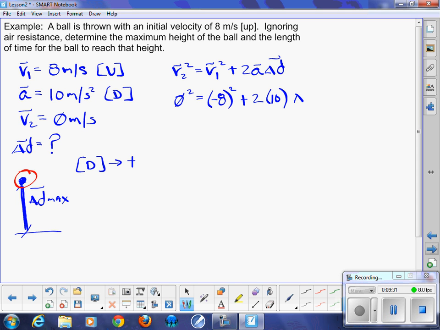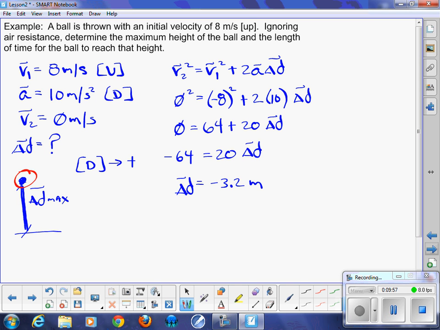And we're looking for delta D. So we end up with 0 equals 64 plus 20 delta D. Negative 64 equals 20 delta D. If we divide both sides by 20, what do we end up with? So that would be negative 3.2 meters.